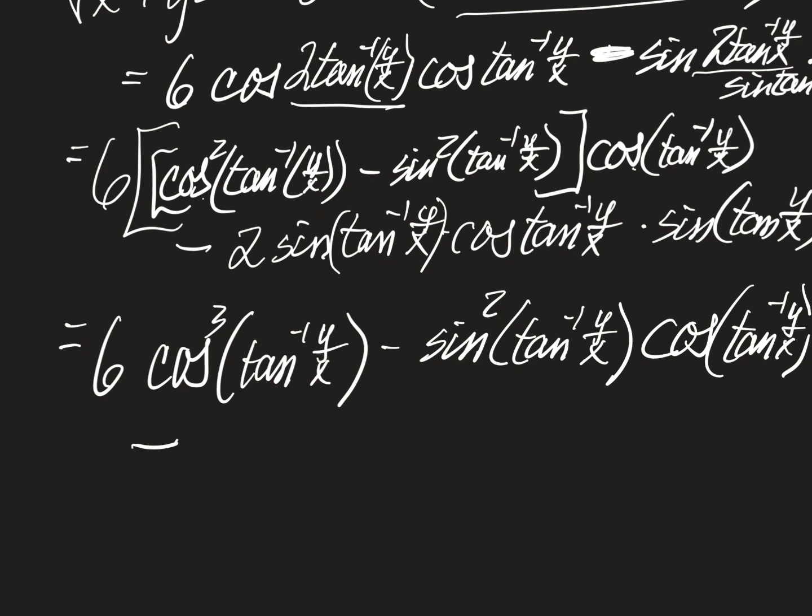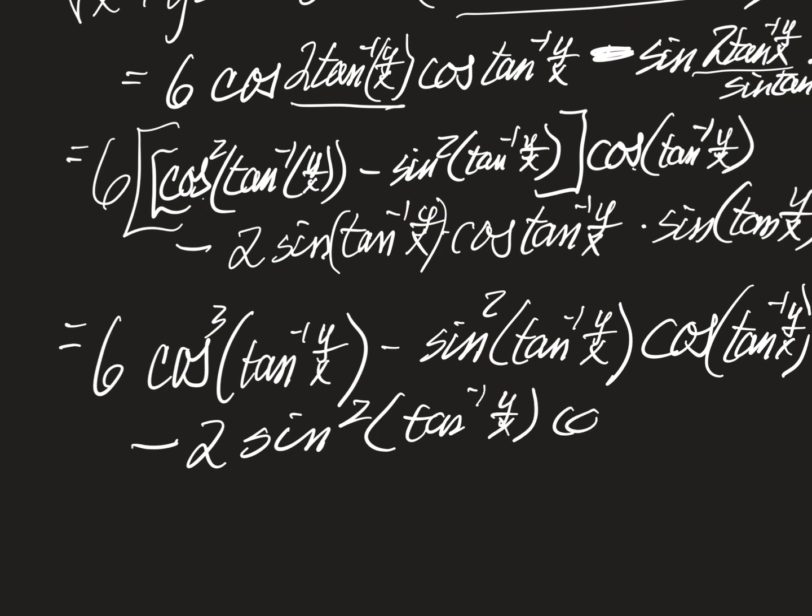And you got 2 sine cosine times sine. So that'll be minus 2 sine squared inverse tangent of y over x, cosine of inverse tangent of y over x.